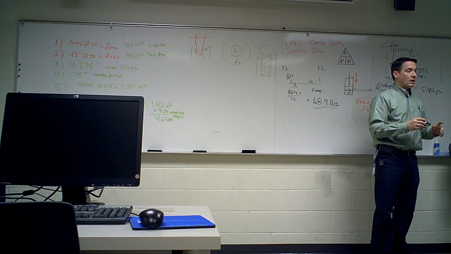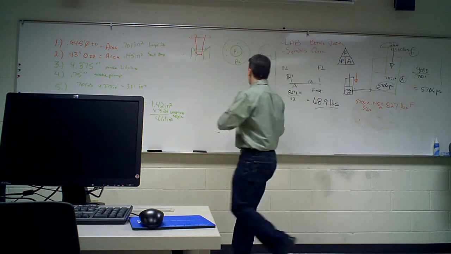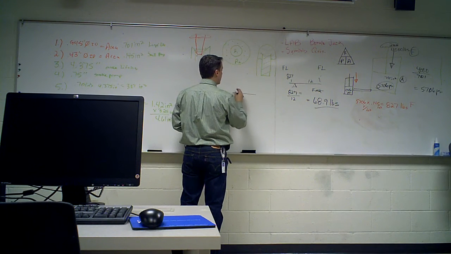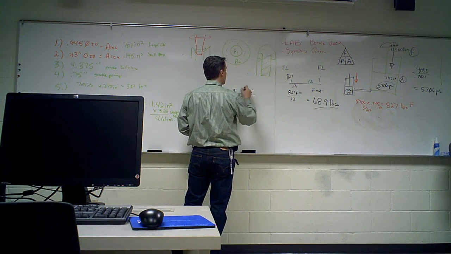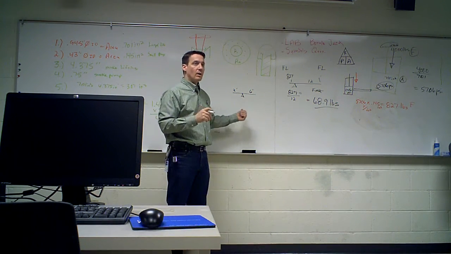So, we talked about this mechanical advantage of 12 to 1. If I have, say, 2 feet over here and 6 feet over here, what's my mechanical advantage? 3 to 1, right?